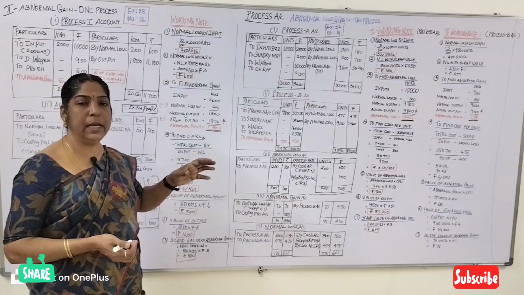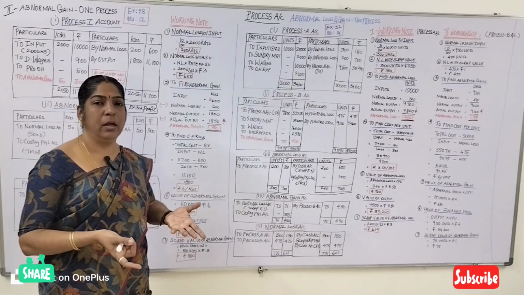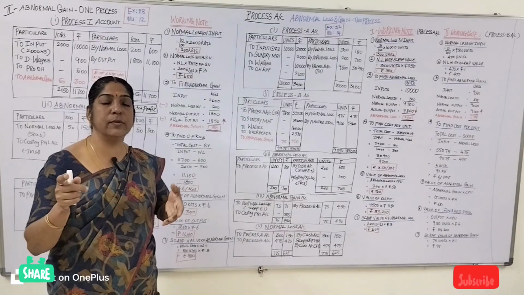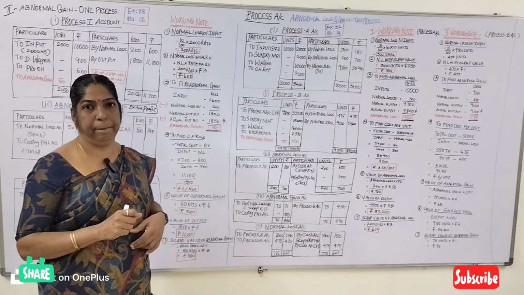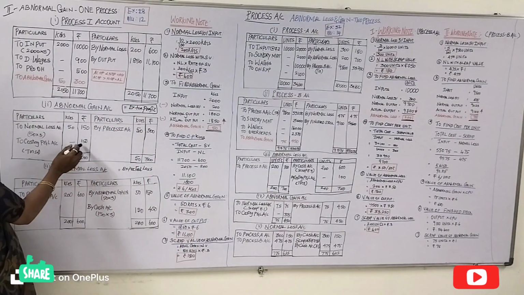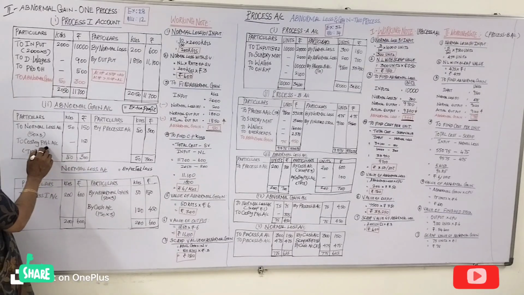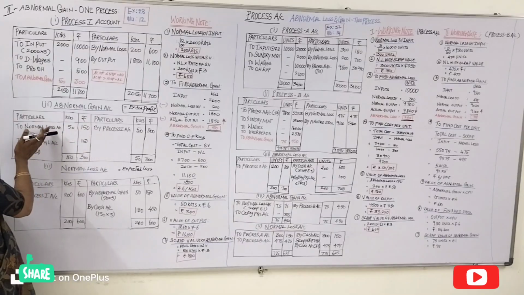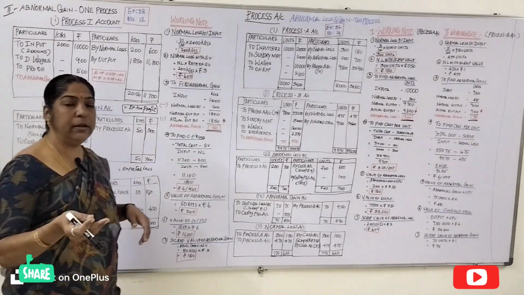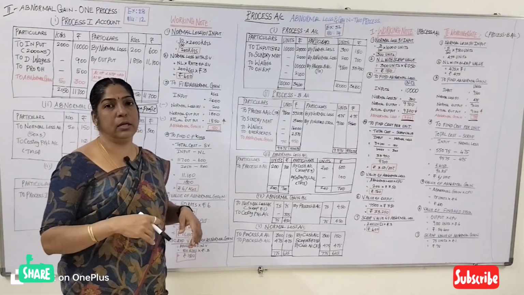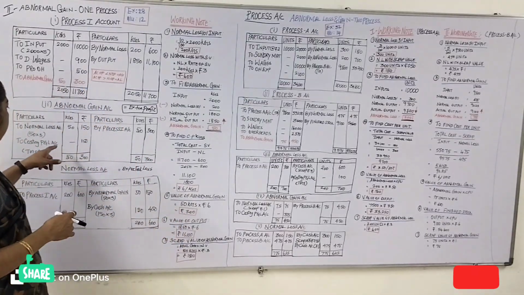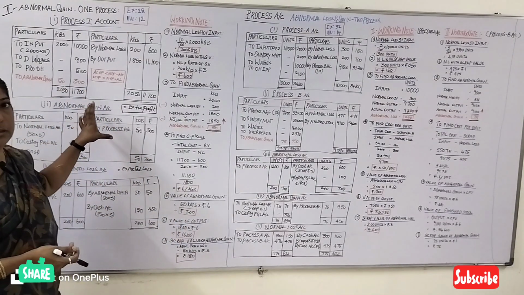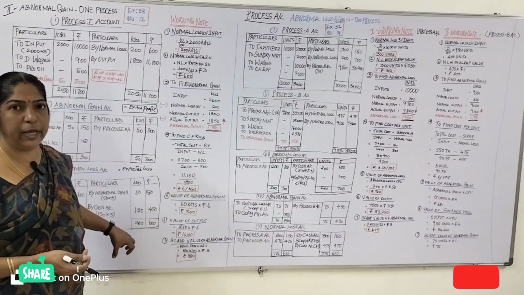That abnormal gain is an extra profit, transferred to the costing profit and loss account on the profit side. You enter it here. So, this is the abnormal gains account.